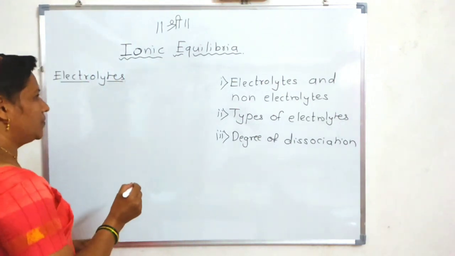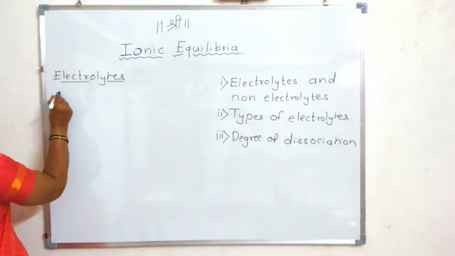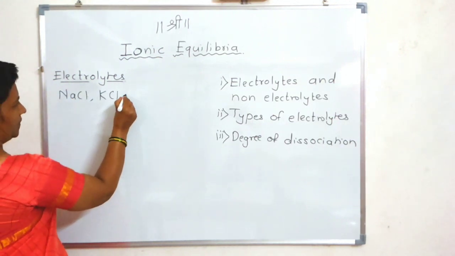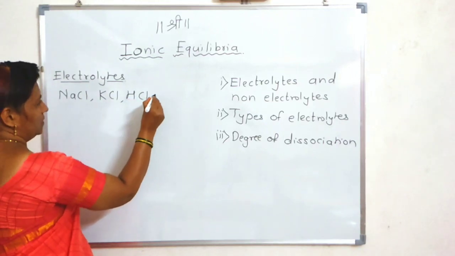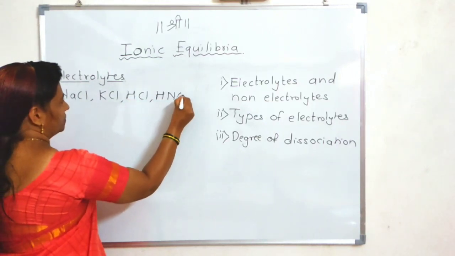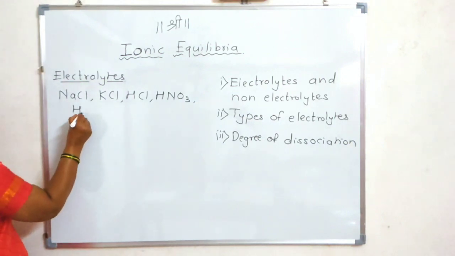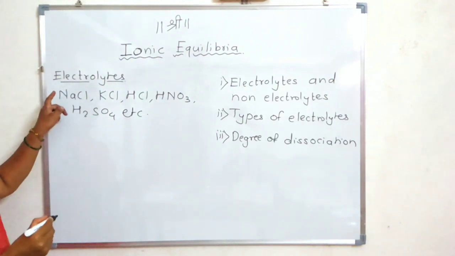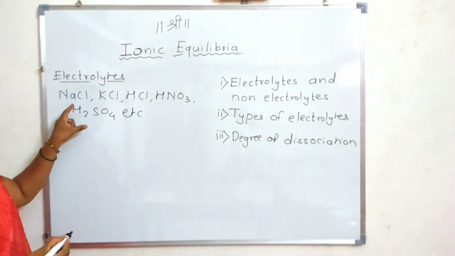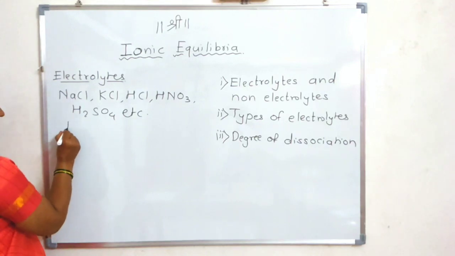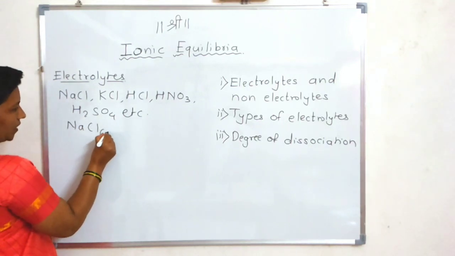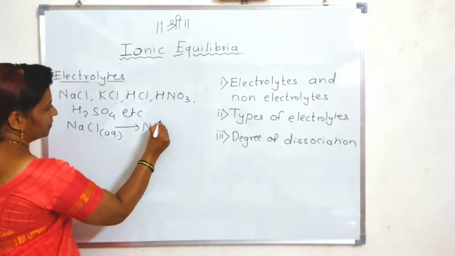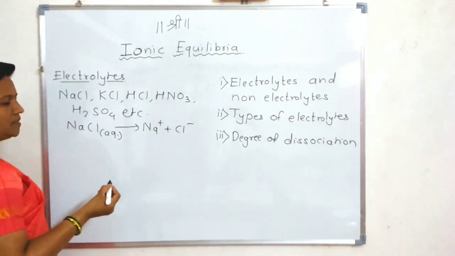Thus, the examples of electrolytes are NaCl, KCl, HCl, HNO3, H2SO4, etc. We know that when NaCl is dissolved in water, in aqueous solution, it gives rise to Na plus and Cl minus ions.